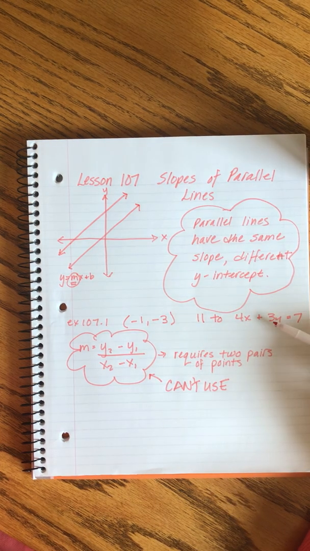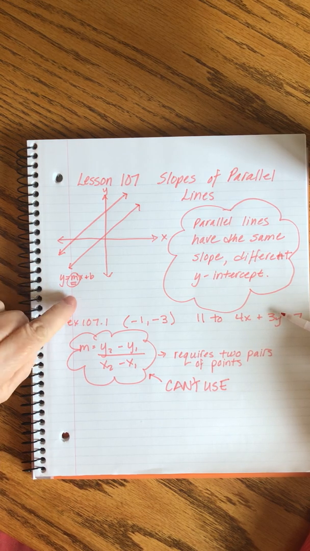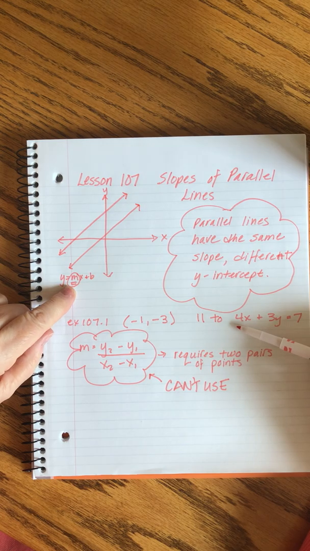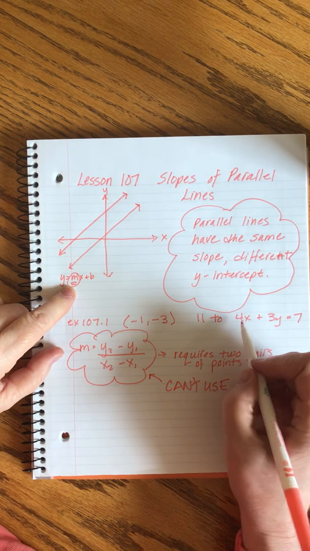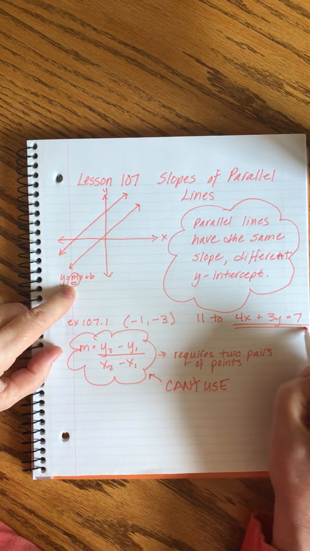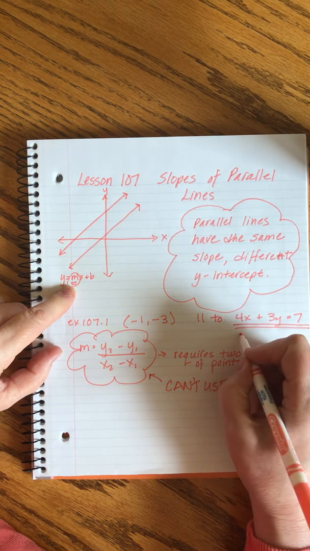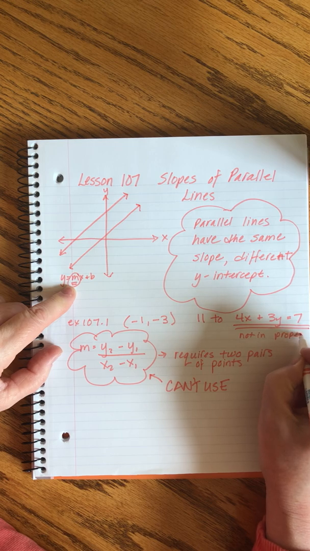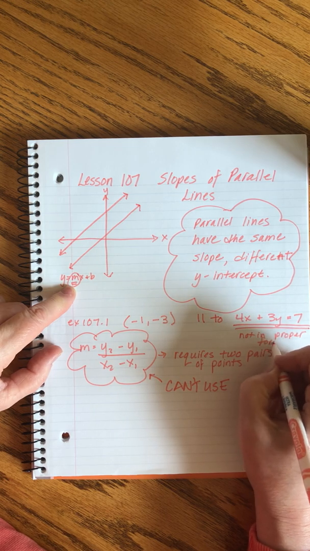Okay, so we look at this and we go, oh, we want the slope. Oh, the slope is the number in front of the x term, right? So it would be 4. Wrong, wrong, wrong. Because this tricky little beast is not in the proper format.